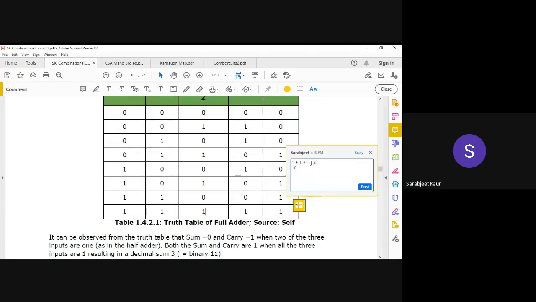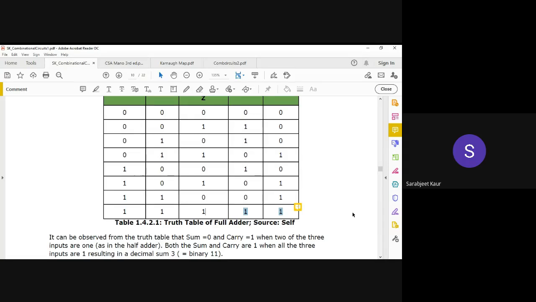This is 3 in the decimal number system, and in binary it is written as 11. So you can see that in the sum we retain 1 and the carry will go as 1 as well. Both the sum and the carry are 1 in this case.